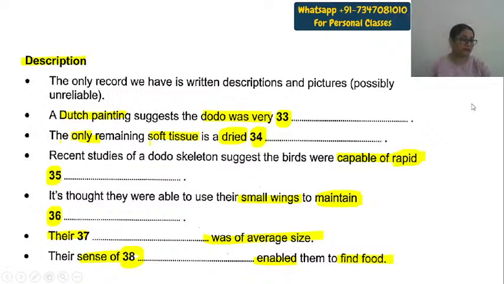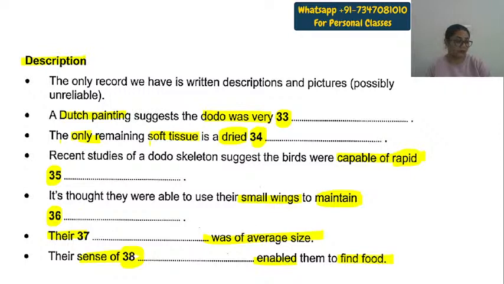Actually looked like. We do have some written records from sailors and a few pictures, but we don't know how reliable these are. The best known picture is a Dutch painting in which the bird appears to be extremely fat, but this may not be accurate. An Indian painting done at the same time shows a much thinner bird. Although attempts were made to preserve the bodies of some of the birds, no complete specimen survives.